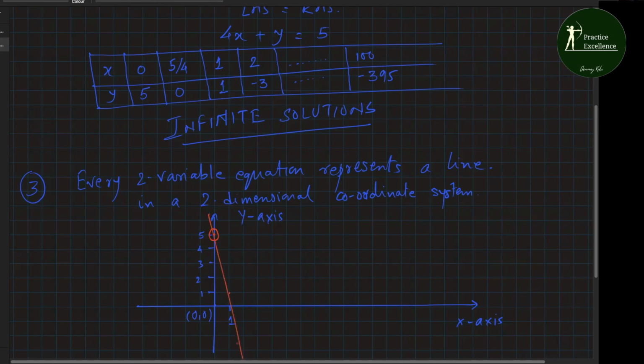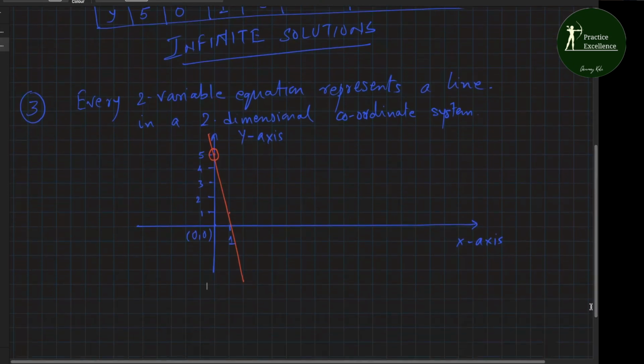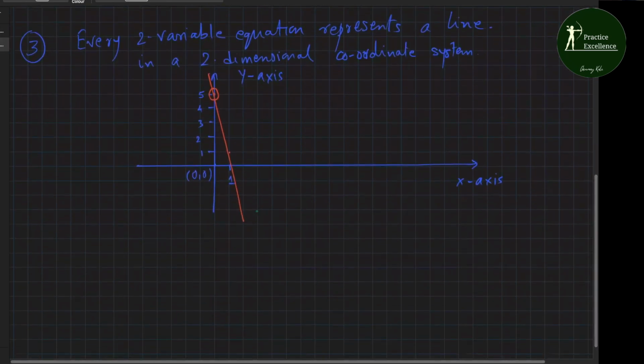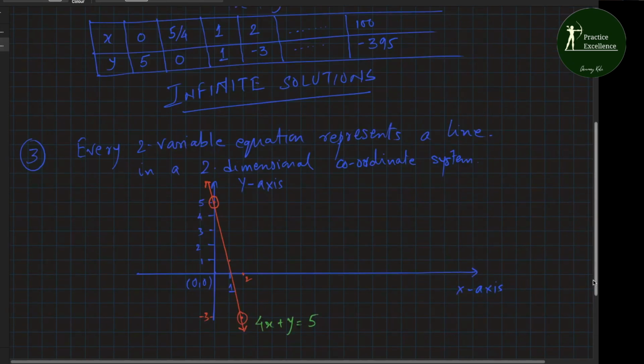Yeah, something like this. So this line that we have here is basically the line representing the equation. What is our equation? 4x plus y equals 5. This line basically represents this equation. Every point on this line is a solution of this equation. Every point.